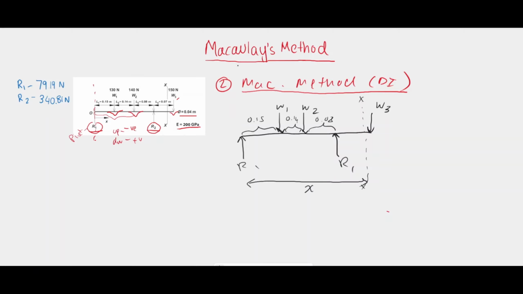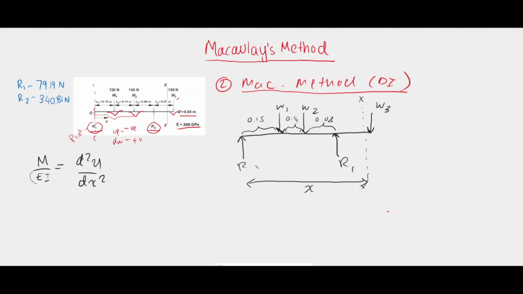The reason we're doing this is because the deflections that occur in the beam over the span of X, as I explained before, are unknown. We don't know where exactly the positions of the deflections are on the beam, so that is why we take them as X. Now we can use Macaulay's method in the form of the bending equation, as explained before. M over EI is equal to d squared y over dx squared.